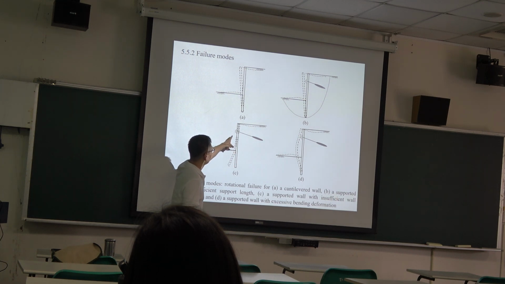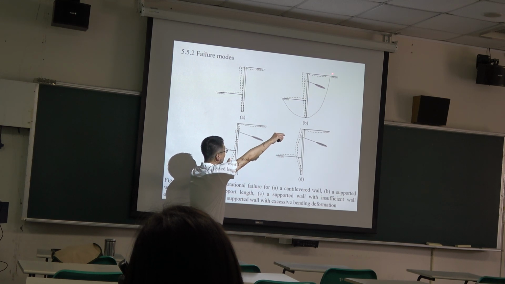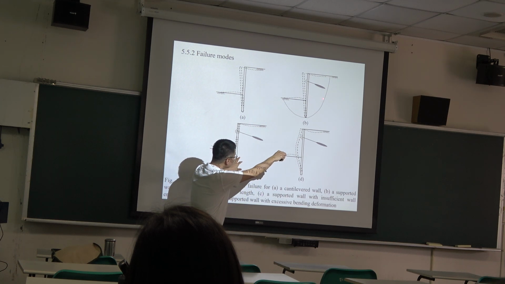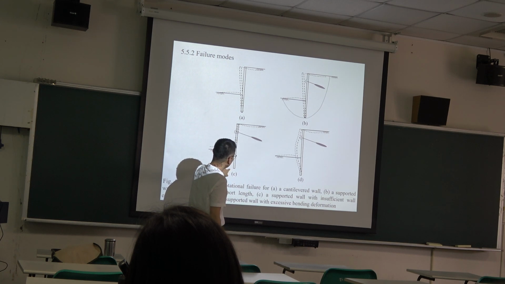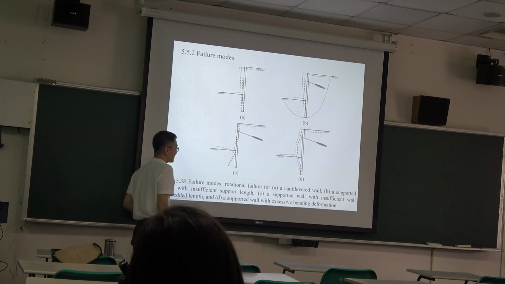Due to the soil above having anchor support, this failure mechanism cannot reasonably propagate here. But still, the bottom soil has the potential to move. So the failure is due to this part's stiffness not being enough, and they will perform like this.